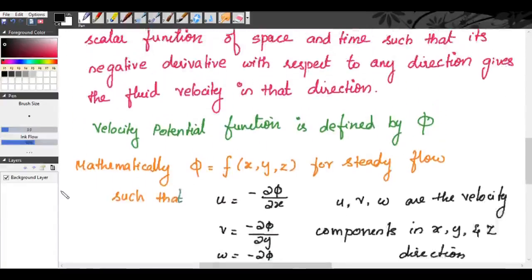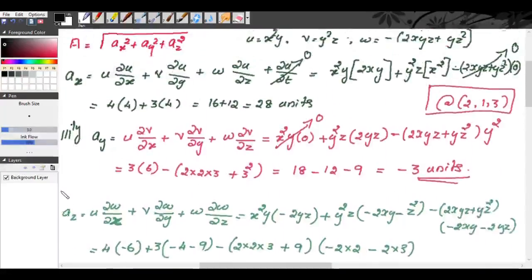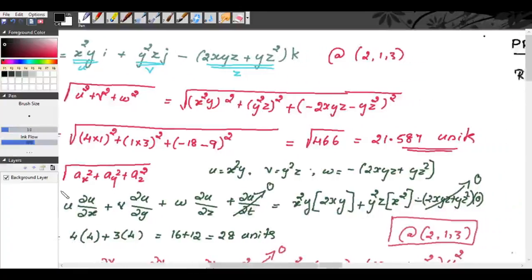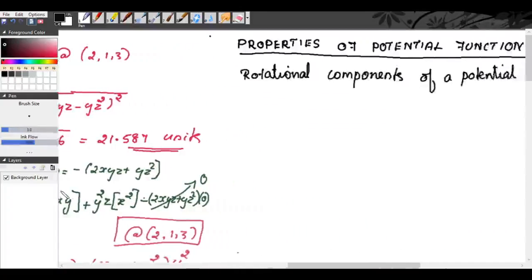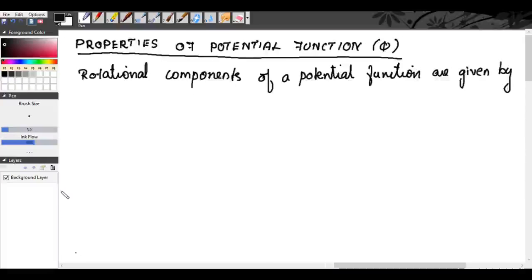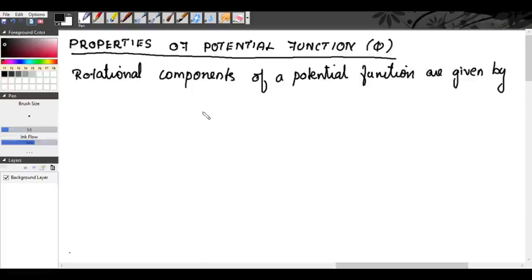Already we have studied in types of fluid flow what the rotational components are. Our rotational components are omega z, omega x and omega y. So rotational components are represented by omega.